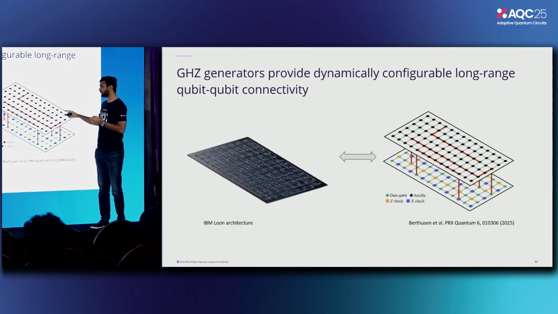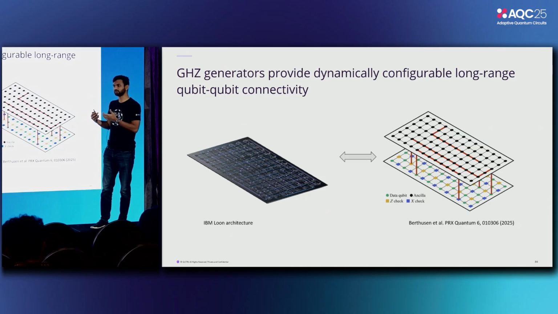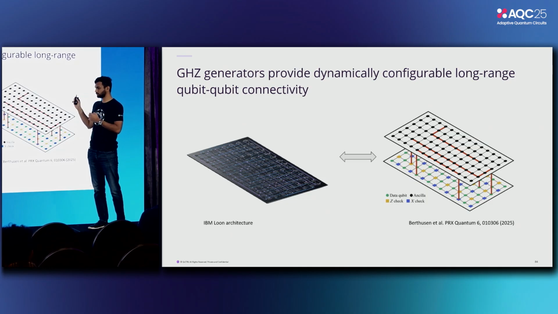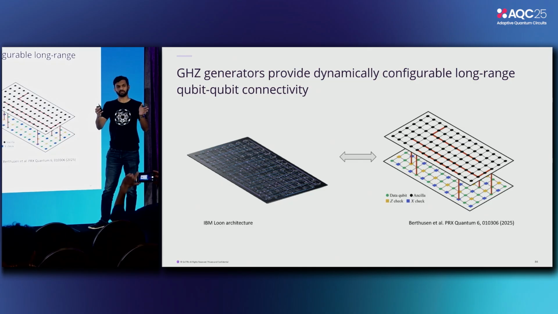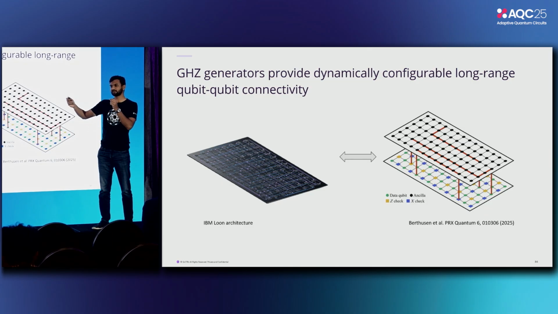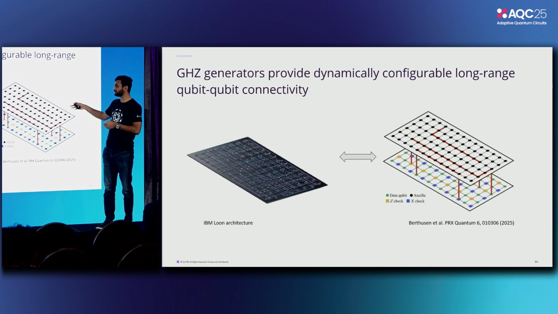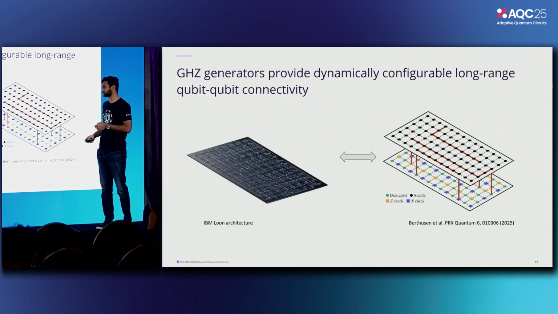If you have good feedback with your classical control system, and you already know in your circuit compilation that, OK, I need this connection at this point in the circuit, you can start preparing the GHZ state in advance and basically create arbitrary such connections.